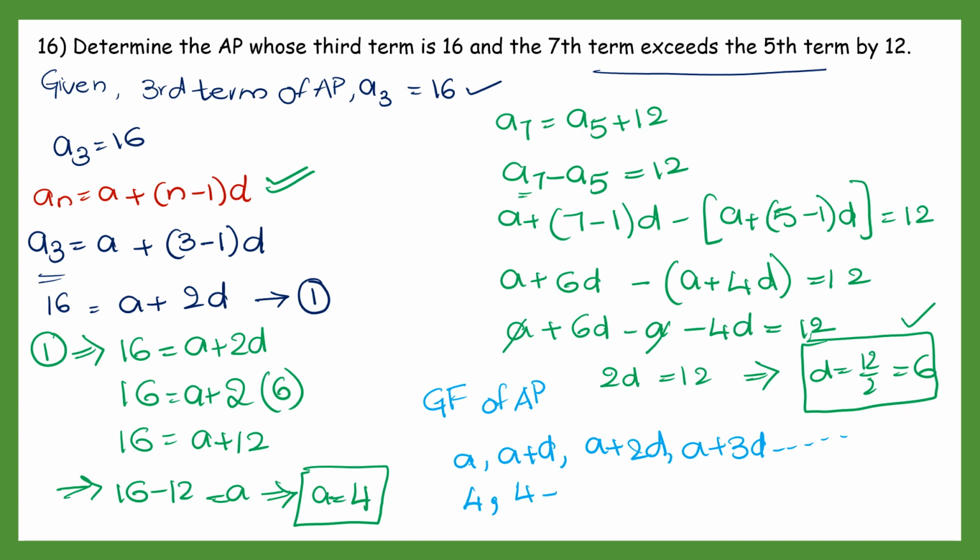Next you get 4 plus d, d is 6. Then 4 plus 2 into 6, then a plus 3d, a is 4, so 4 plus 3 into 6 and so on. So the arithmetic progression is 4, 6 plus 4 is 10, 6 twos are 12, 12 plus 4 is 16, 6 threes are 18, 18 plus 4 is 22 and so on. This is the arithmetic progression: 4, 10, 16, 22 and so on.